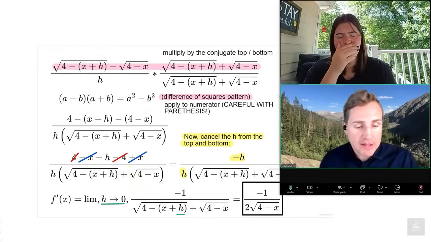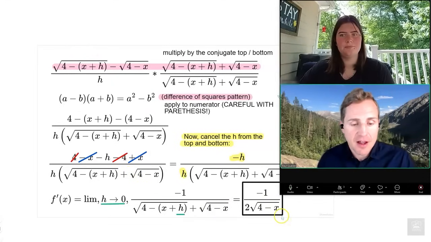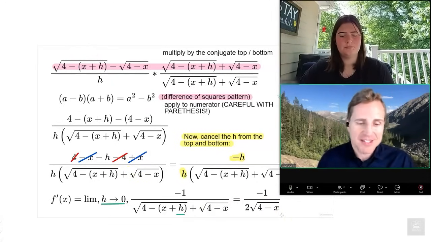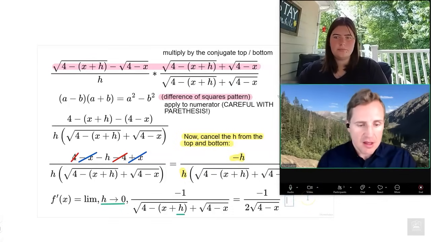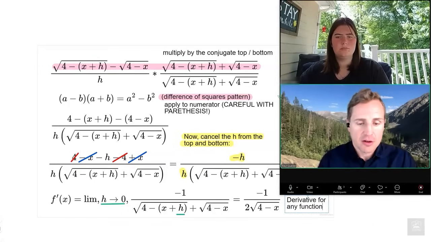Now, at this point, let's not even put a box around this necessarily yet, because this is the derivative for any x value, I should say. Okay, it's better said.